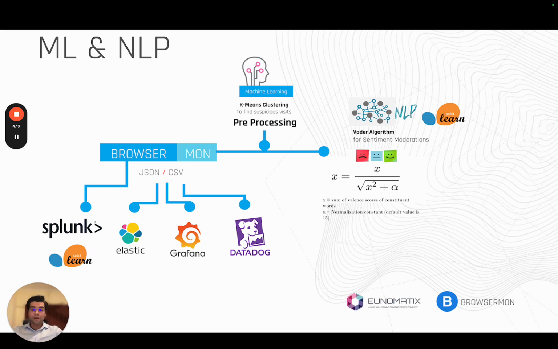As I've said, BrowserMon creates ingestion-ready log formats. It creates JSON and CSV formats of these logs. When you have a large amount of data, you can feed that data into ML algorithms and NLP algorithms. You can even feed it into third-party services like Splunk, Elastic, and Grafana to visualize it, to predict patterns, or to apply algorithms on it to make sense of those logs.